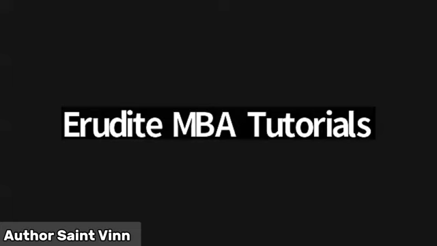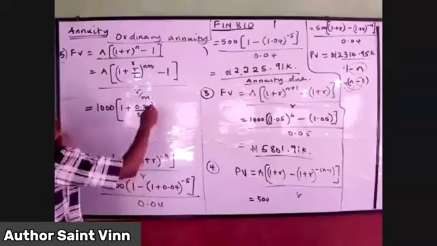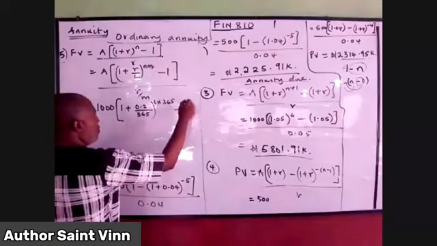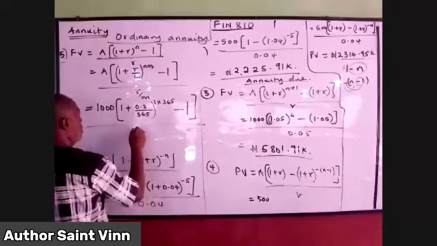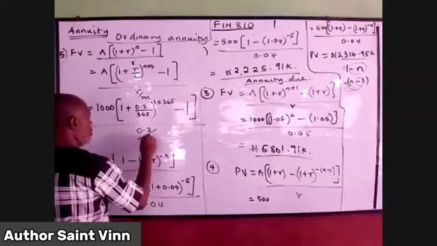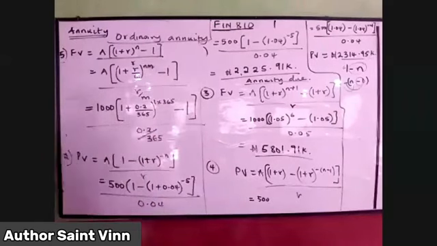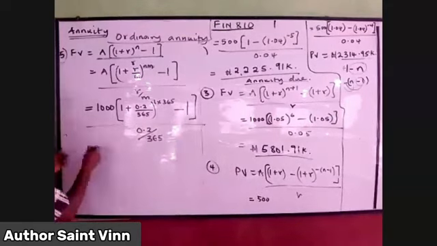20%. That's 0.2. The same thing. All over 365, raised to power 1. That's 365, minus 1, all over 0.2. 5 by 365. This is what we expect. I take my time.